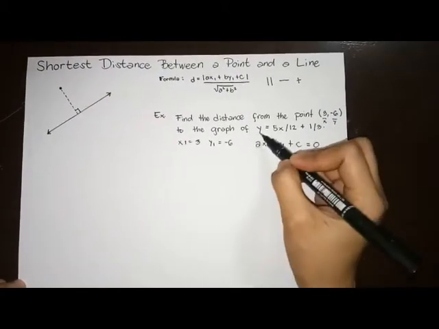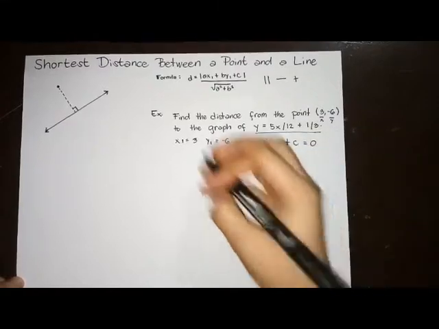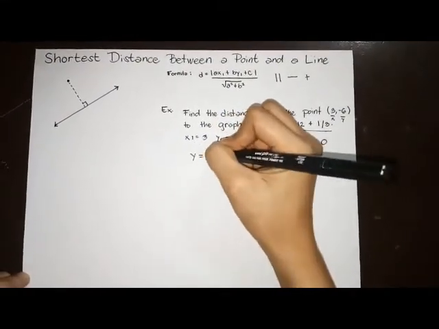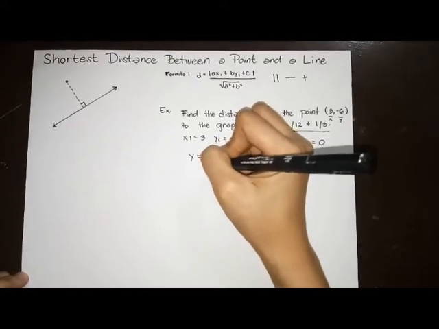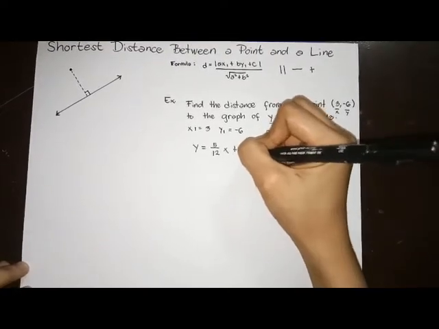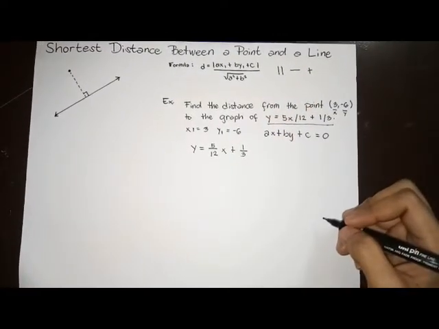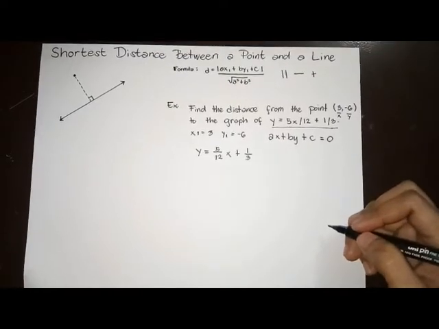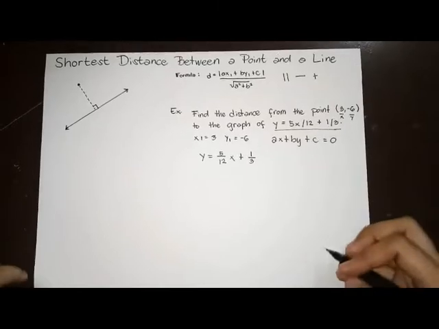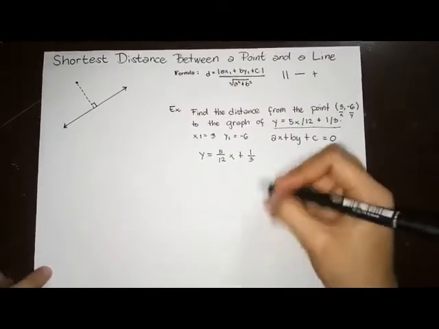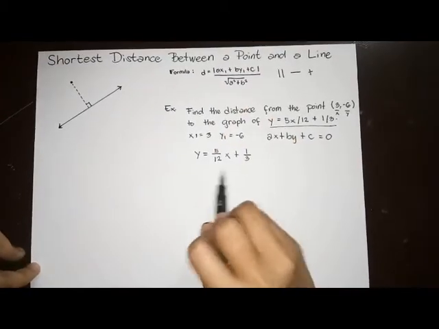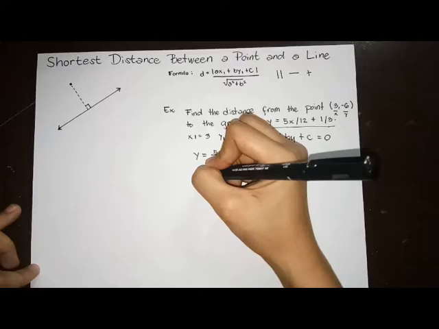To rearrange this equation, y equals 5x over 12 plus 1/3, we're going to take everything and move it to the left side.